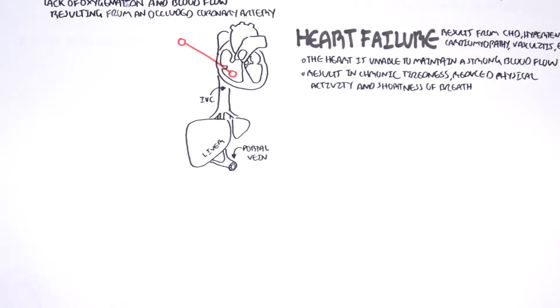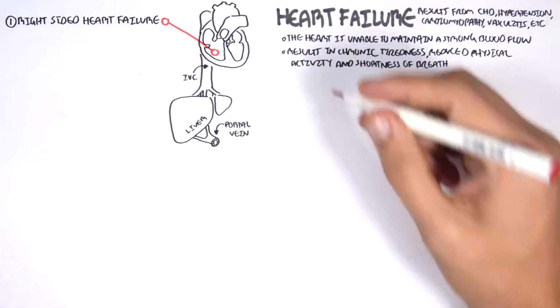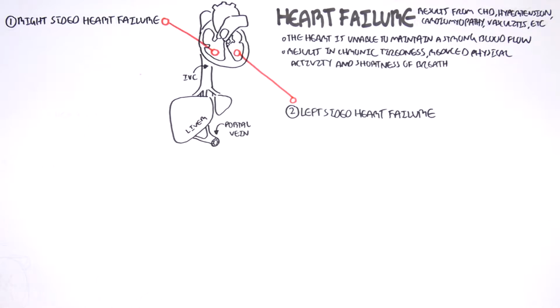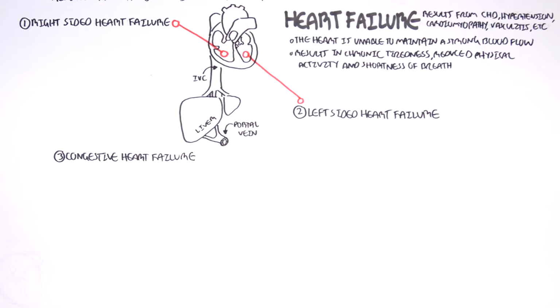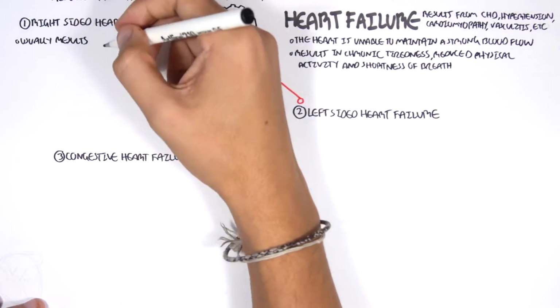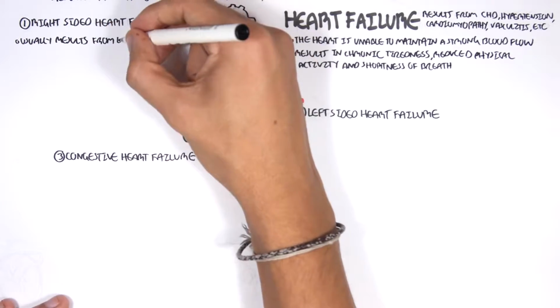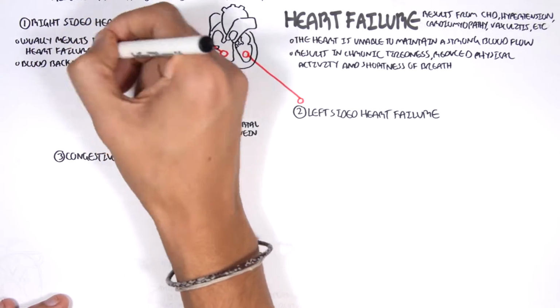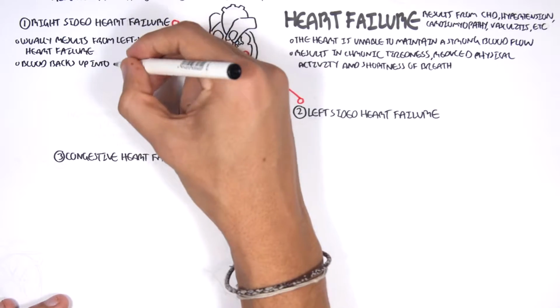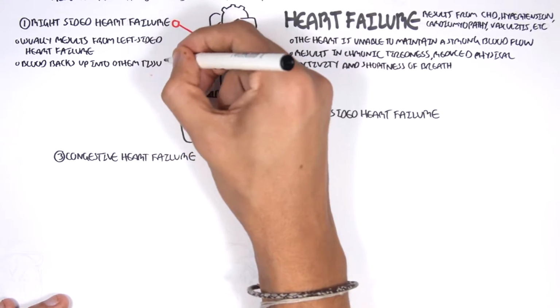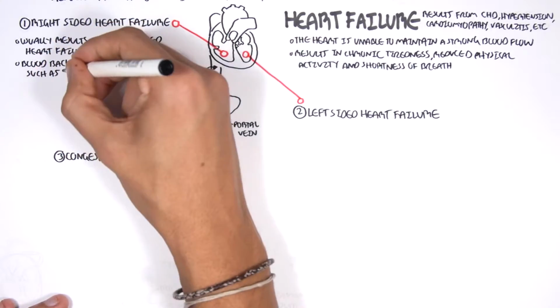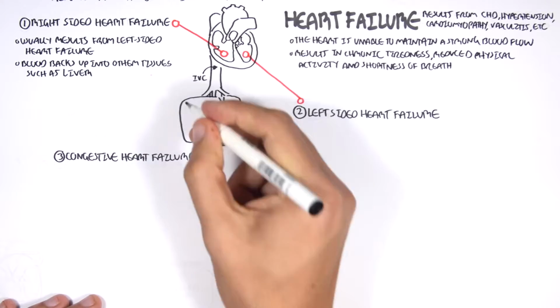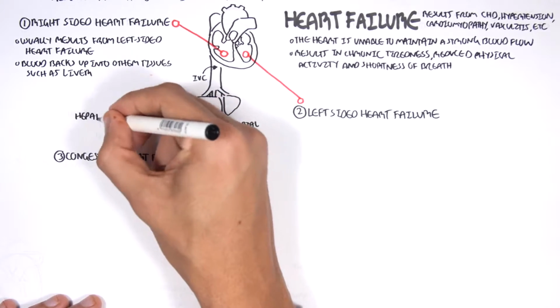Heart failure can be divided into 3 types: right-sided heart failure, left-sided heart failure, and congestive heart failure. Right-sided heart failure is usually a result of left-sided heart failure. In right-sided heart failure, so we're talking about the right atrium and right ventricle, blood can back up into other tissues, such as the liver and the abdomen, causing congestion in these areas.